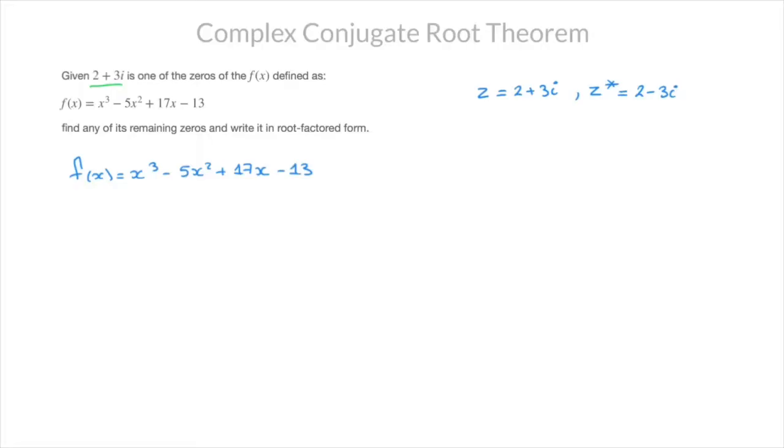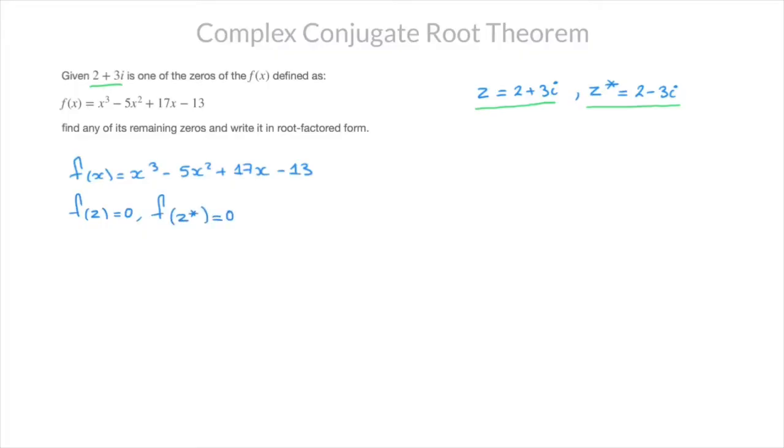And we've just seen that the two complex numbers, z, which equals 2 plus 3i, and its complex conjugate z star, which equals 2 minus 3i, are both zeros of this polynomial function. In other words, we can remind ourselves that f of z equals 0 and f of z star equals 0.